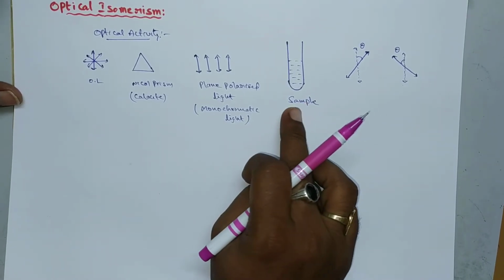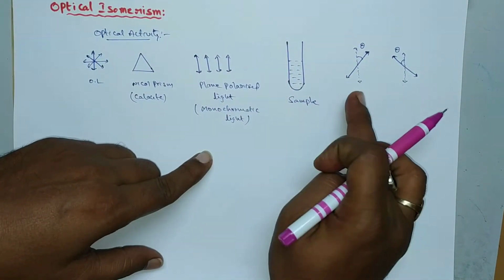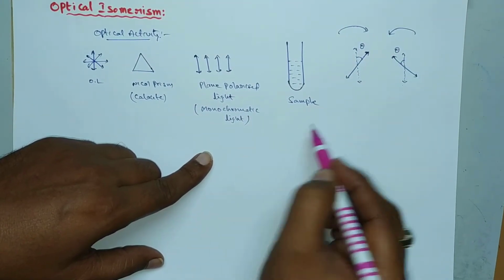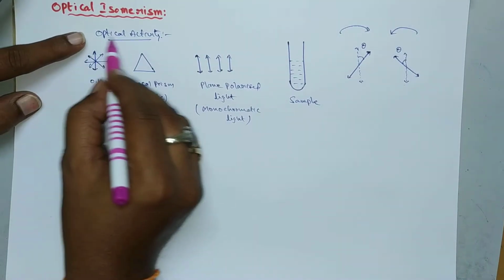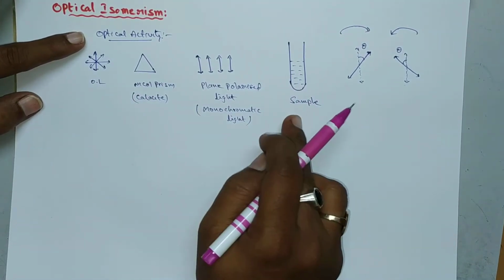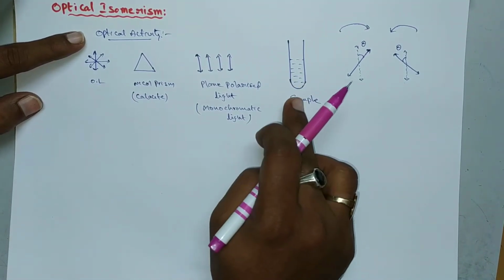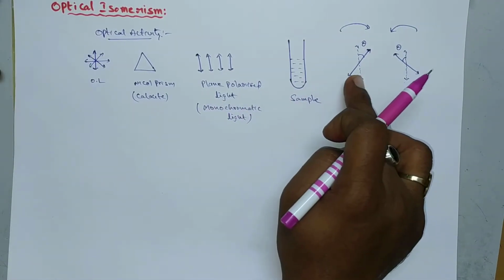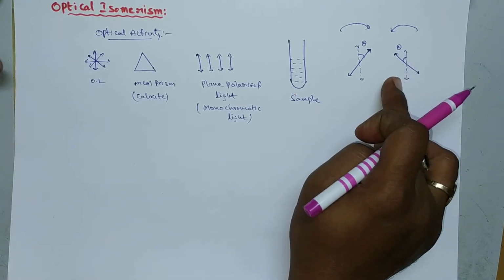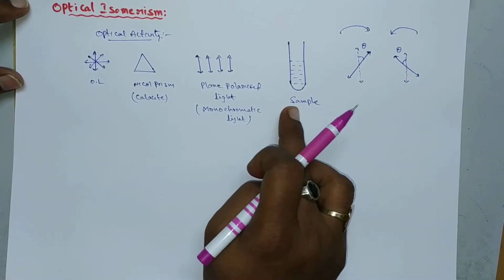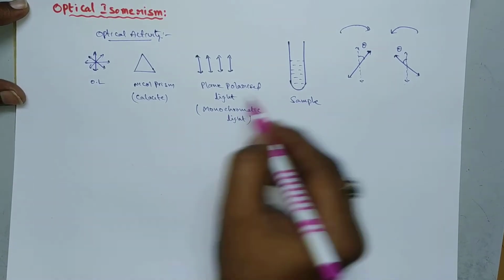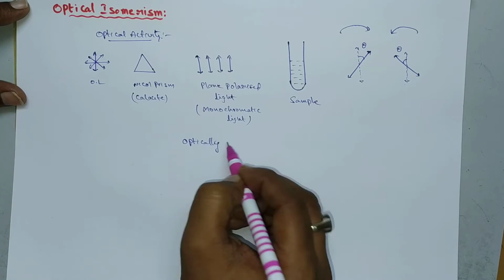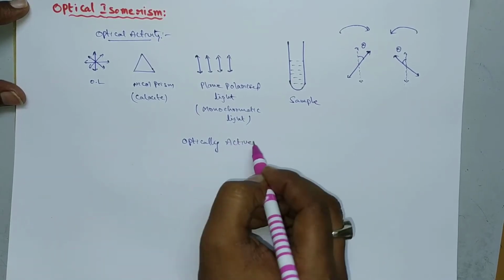When a molecule rotates the plane of polarized light either clockwise or anti-clockwise, the molecule is said to be an optically active molecule. Clear?